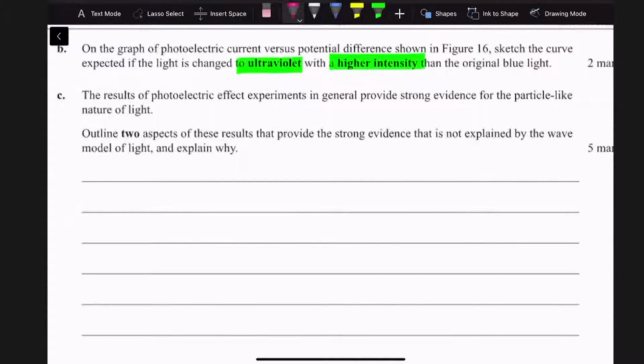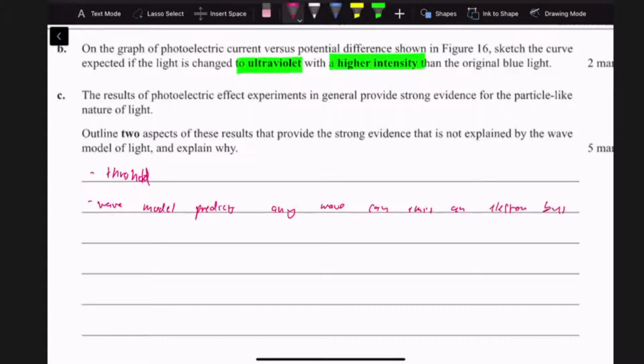So outline 2 results that are not explained by the wave model. So there's the threshold frequency, which is not explained. So you can say that the wave model predicts any wave can emit an electron.